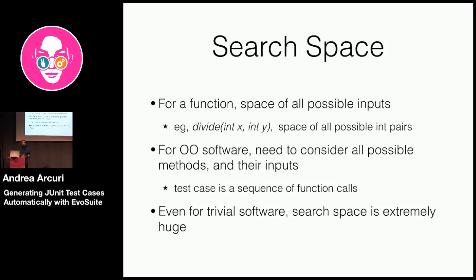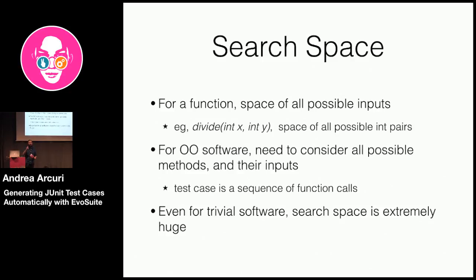But if you're talking about object-oriented software, in which a solution to your problem is a test case that calls methods, creates new instances of objects, and so on, you need to consider all of them. So in that case, it will be a sequence of function calls of different lengths.